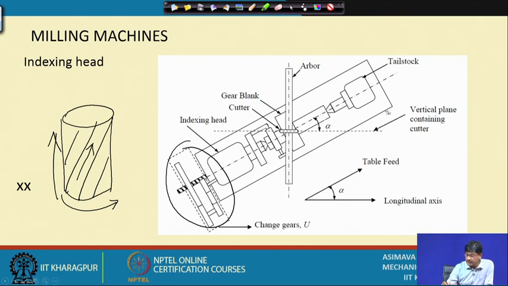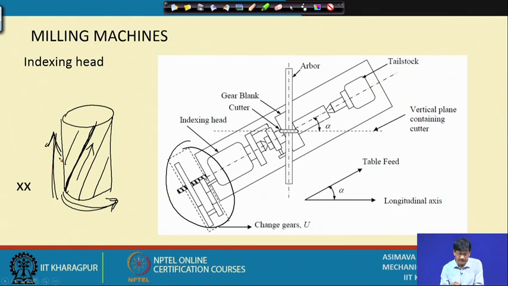Straight line motion can be given by the longitudinal movement of the table, but who is giving this circular motion? Circular motion is given by the rotation of the blank. Mind you, this helix will always have the same helix angle on a particular diameter if these two motions have a definite ratio between them.